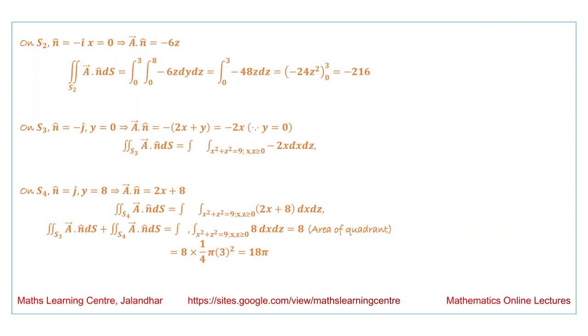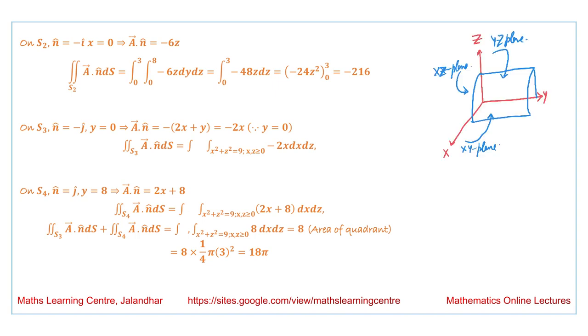Now if we want to integrate on the surface S2, I am again plotting this figure over here. We have named these surfaces: when we are talking about the YZ plane, this surface from the back side we are calling S2, and the normal to this surface will be in the direction of minus i cap.